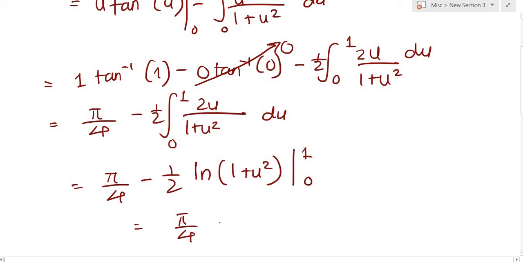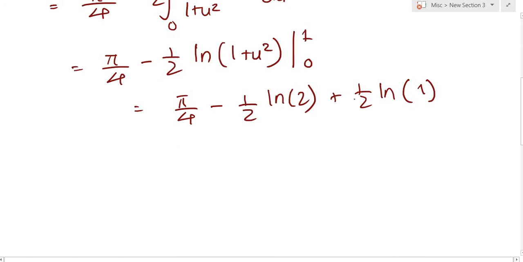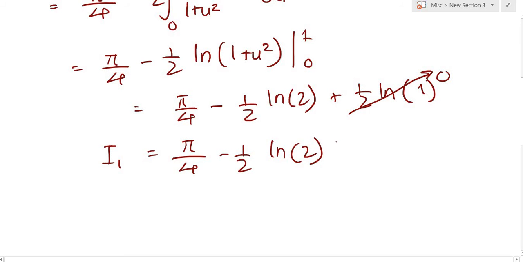We have pi by 4 minus half, and when u is 1, 1 squared is 1, 1 plus 1 is 2, so ln of 2, then minus minus becomes a plus, half ln of, when u is 0, 1 plus 0 is 1, and we know for a fact that the natural log of 1 is 0. So for I1 we simply get pi over 4 minus half the natural log of 2.